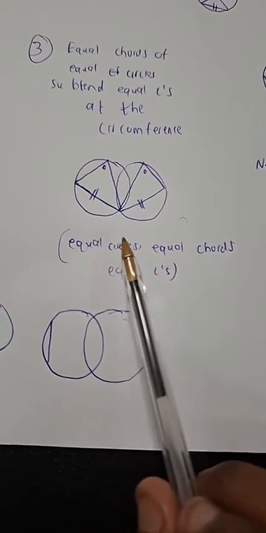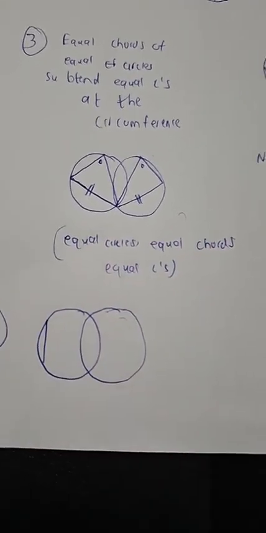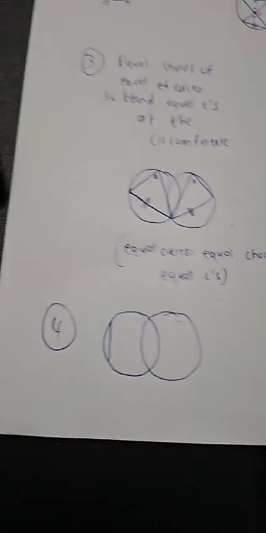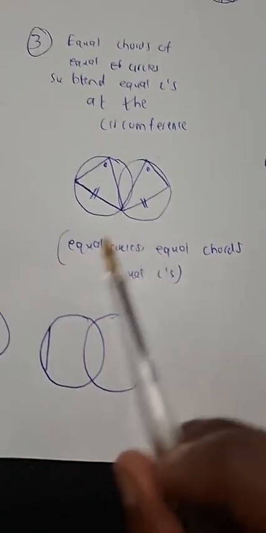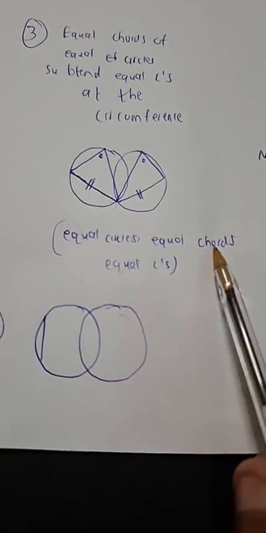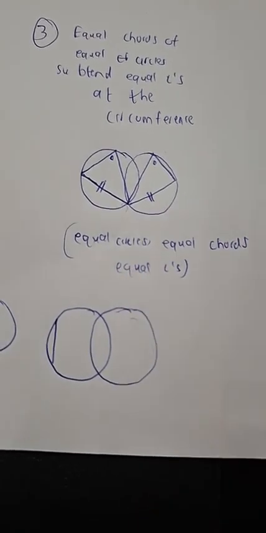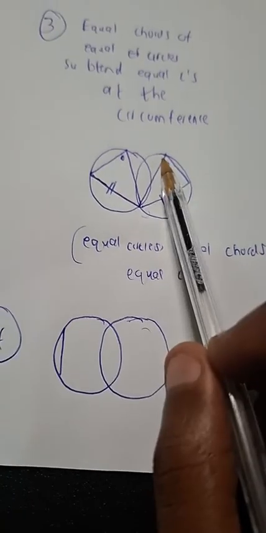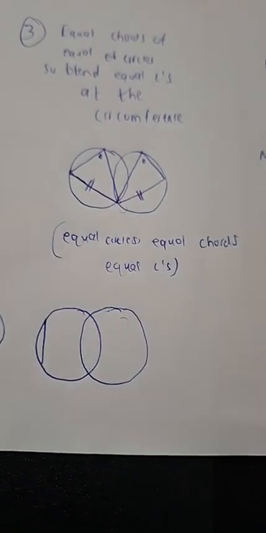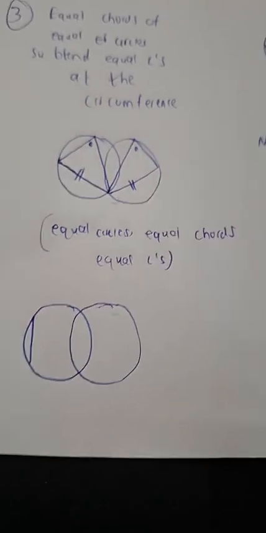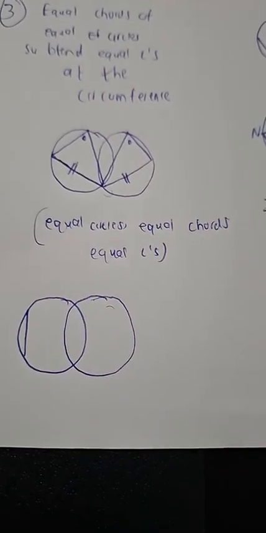You include three things: circles, chords, and angles. This same one applies when you have equal circles, equal chords, equal angles, but they are not equal angles at the circumference, but equal angles for the same circle or equal circles at the center. That also applies.